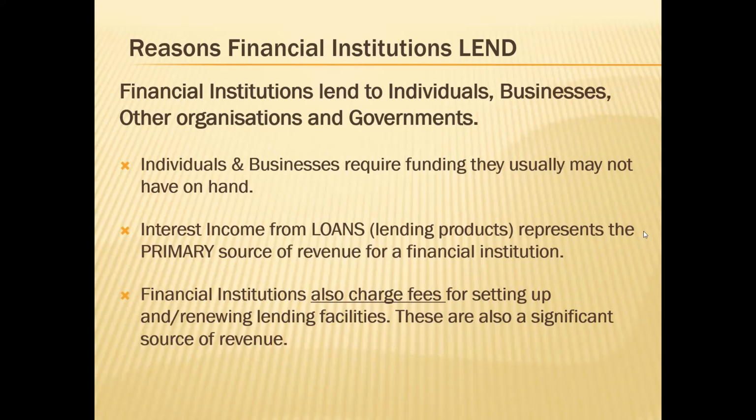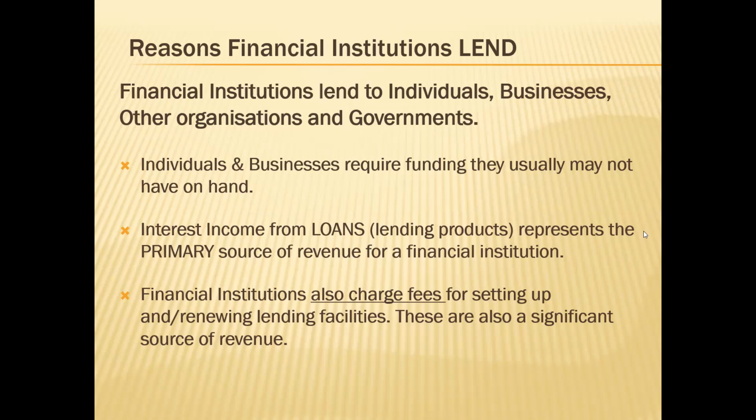The interest income from loans represents a primary source of revenue for financial institutions. There are a whole lot of other products, but lending out money by far is the biggest income earner for financial institutions or lenders. Financial institutions also charge fees for setting up and renewing lending facilities. And these are also a significant source of revenue.